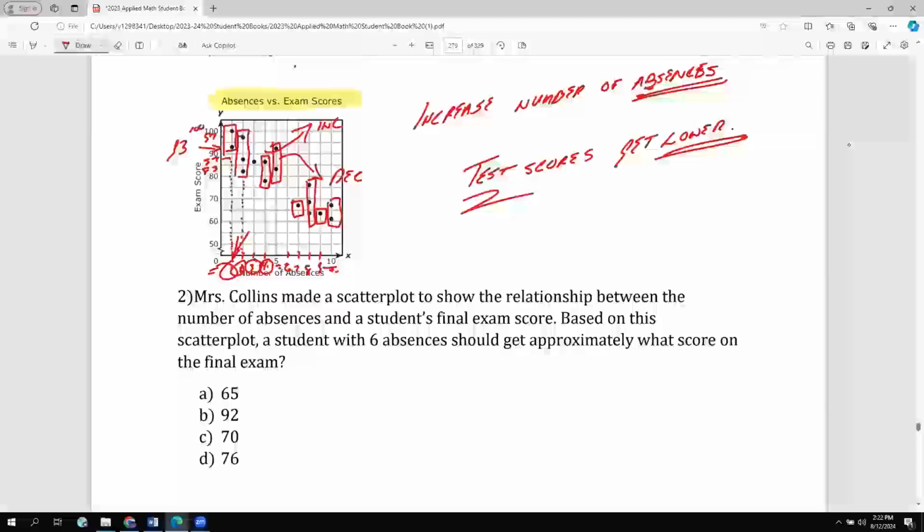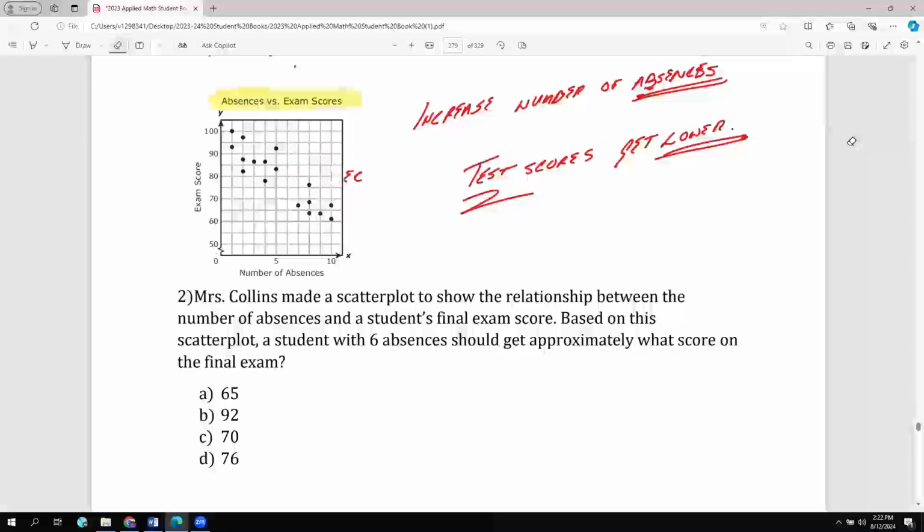The more classes you miss, the worse your score is going to be. It just makes sense, right? And that's exactly what this data is showing us. What we see here is a relationship. The increase in the number of absences is showing a decrease in your test scores. And we'd say that is a relationship.